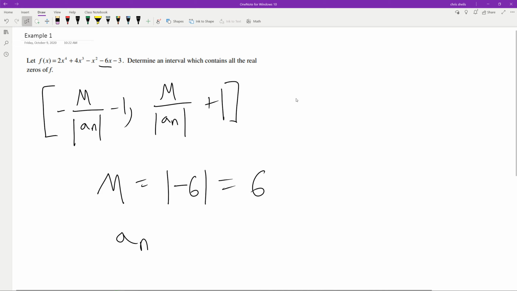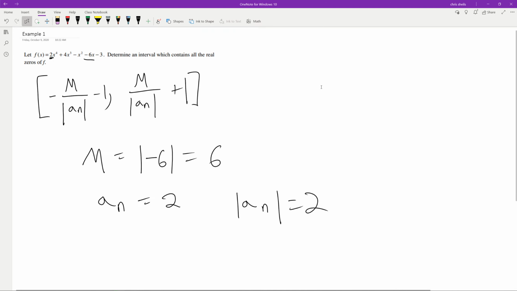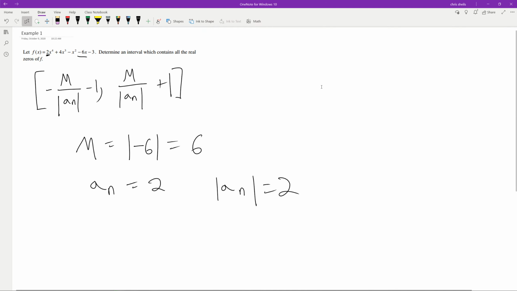a sub n is going to be the leading coefficient. The leading coefficient here is 2. Notice then that this means that the absolute value of a sub n is also just 2. So this Cauchy's bound, this interval in which all of my real zeros must exist, is the closed interval. Notice that these are square brackets.